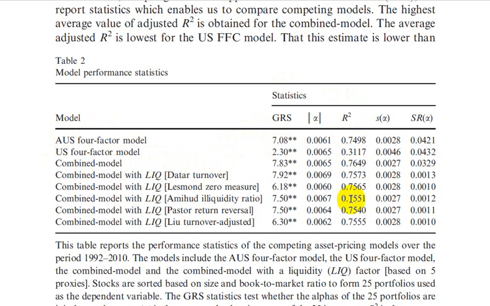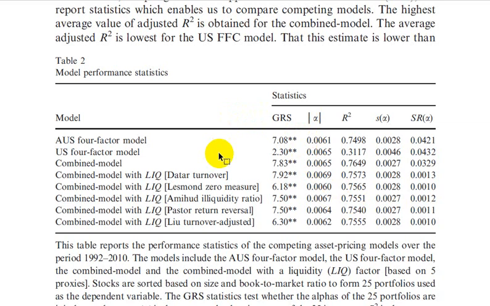And so the thought is that if a model fits well, meaning that all of its factors statistically significantly explain the cross-section of returns, the alpha of that model should be 0.